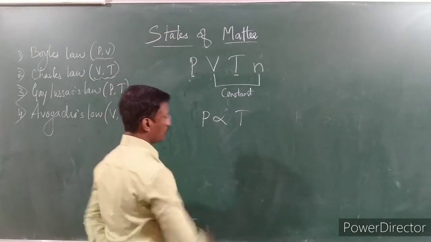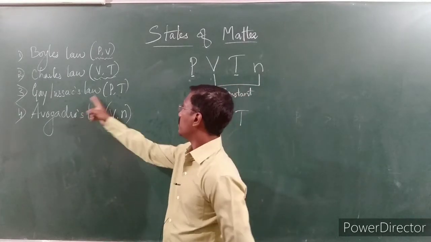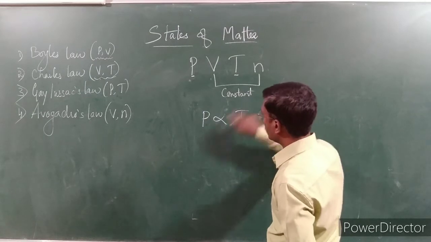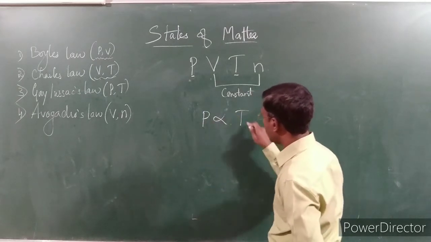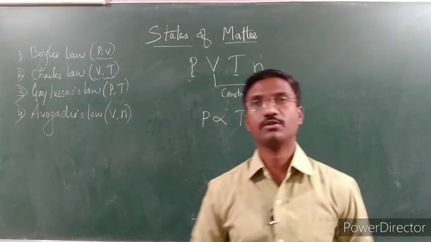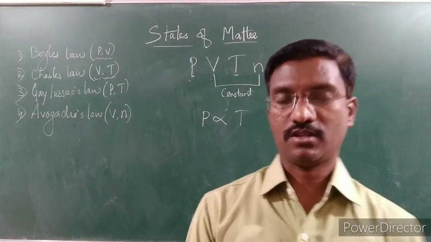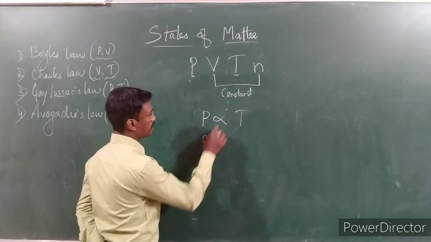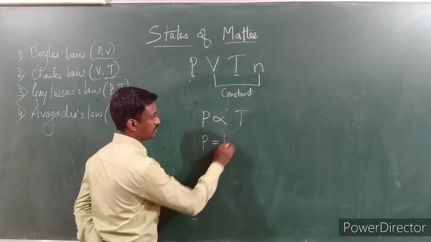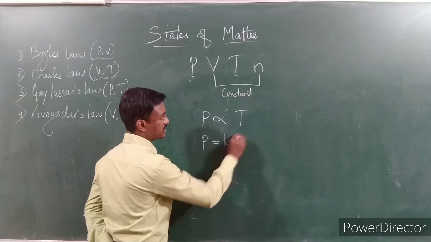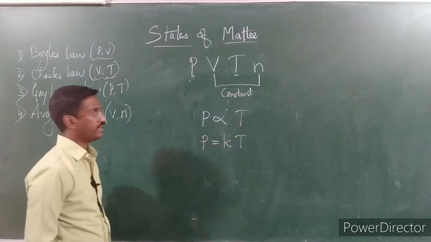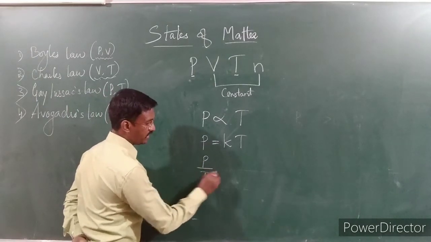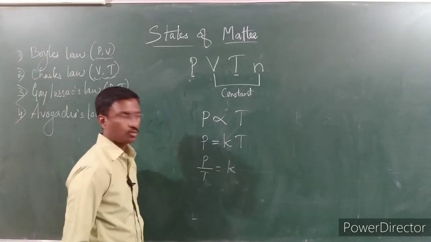So what you have to define is: Guy-Lussac's law states that at constant volume and fixed amount of gas, the pressure of the gas is directly proportional to the temperature. Same as we did previously, it is a proportion. We keep a constant, small k, so P divided by T is equal to k.